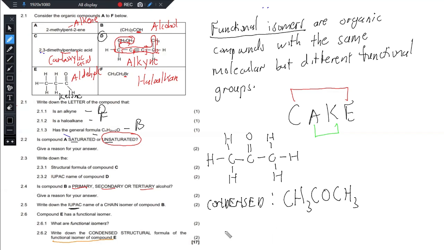Right. Now, others can choose to show it like this, CH3, then dash, then indicate the double bond oxygen, and then you have CH3. So also this way can be another way of writing your condensed structural formula. Either way, you should be correct. Okay, so that's how you were supposed to tackle all this question for a total of 17 marks.